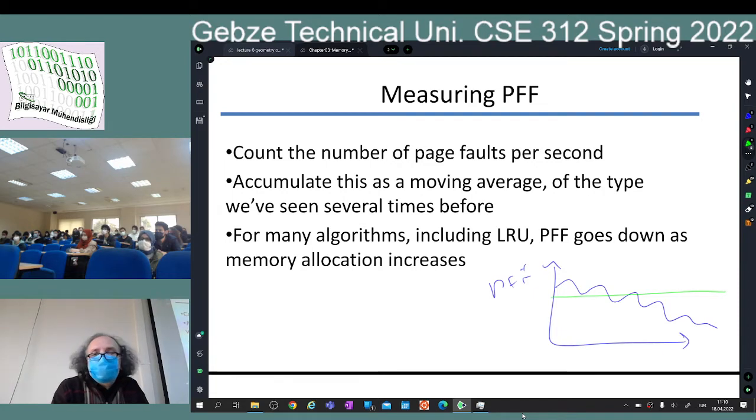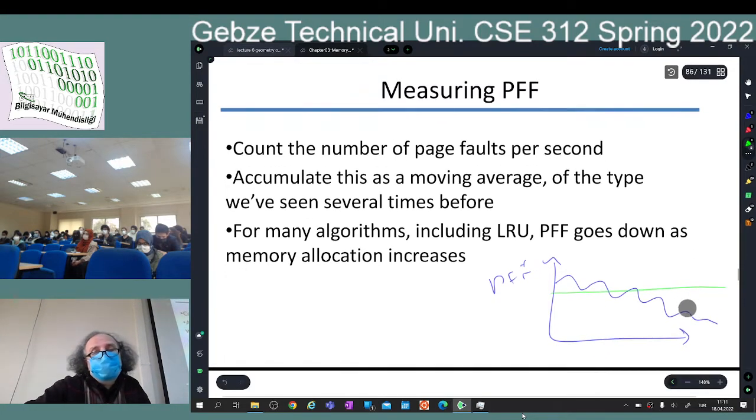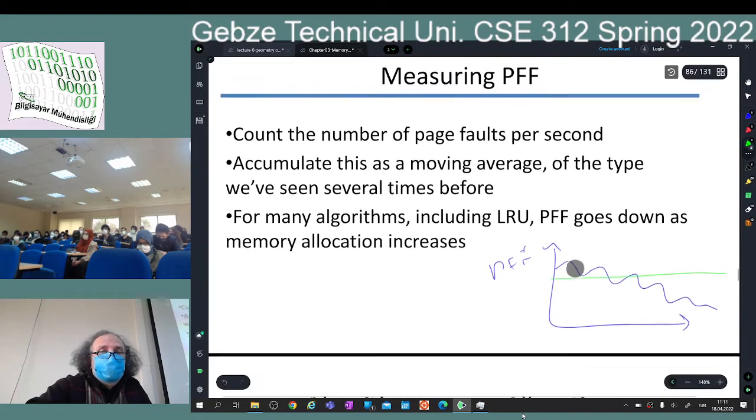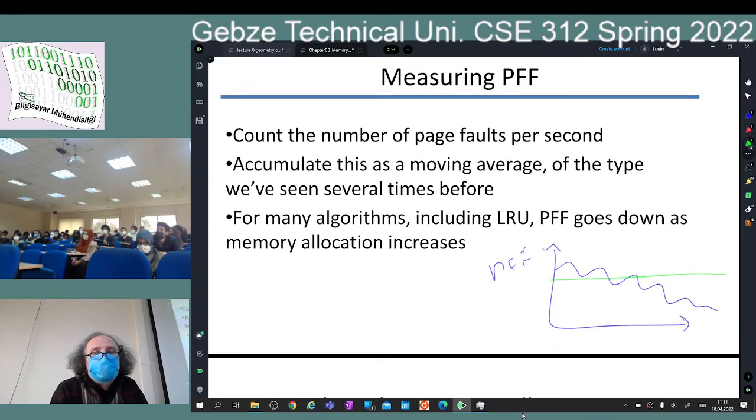Taking the average of the whole thing is not a good idea, because it doesn't tell you anything about the history of it. Am I getting better? Am I getting worse? So that's why we don't take the average. We take a running average. What is a running average? Okay, remember what we did with the aging. You give more weight to the recent values of PFF than the older values of PFF.